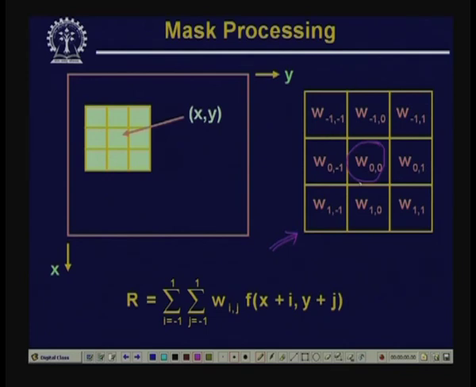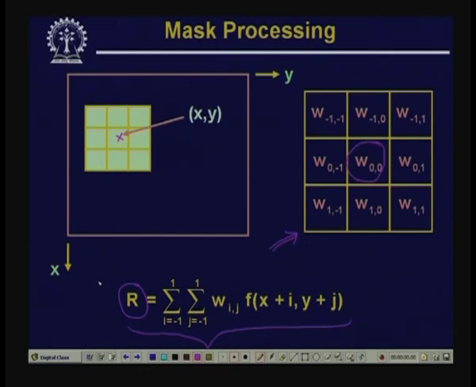For example, if I place this mask at a location (x,y) in our original image, then using all the different mask coefficients, we find a weighted sum like this: R equal to the sum of w(i,j) into f(x+i, y+j), where i varies from -1 to 1 and j varies from -1 to 1. And this component we call the value R.